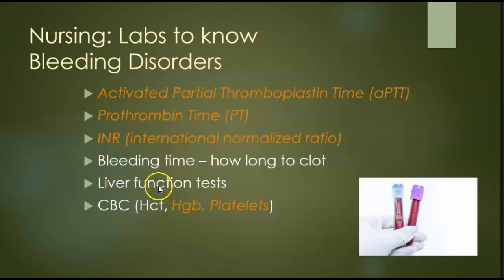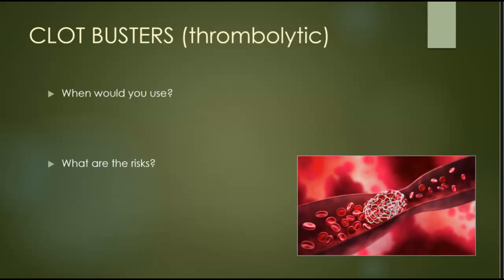Bleeding time, you don't need to know that necessarily, but liver function tests are important because livers make clotting factors. And so liver function tells us how well the patient's going to make clotting factors or not make clotting factors. And then a CBC, and we want to look at hemoglobin, hematocrit, and platelets.